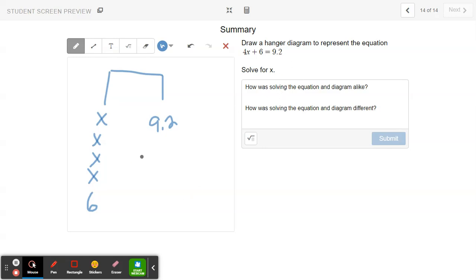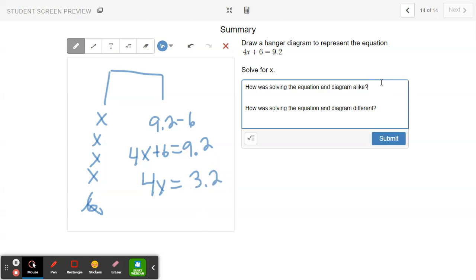Okay, well, 4x plus 6 equals 9.2. The first thing I'm going to do is get rid of my 6 here, right? And if I get rid of 6 here, I got to get rid of 6 over here, right? So that means we're left with 4x is equal to 9.2 minus 6, well, that's 3.2.